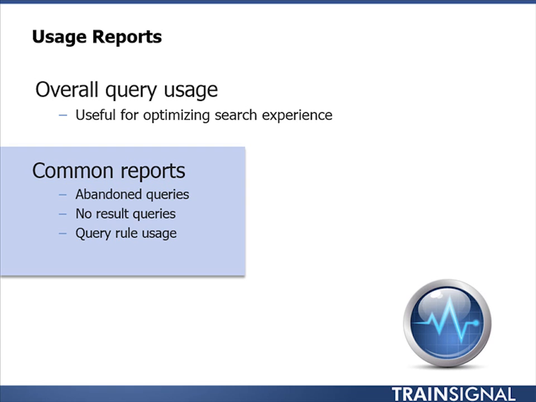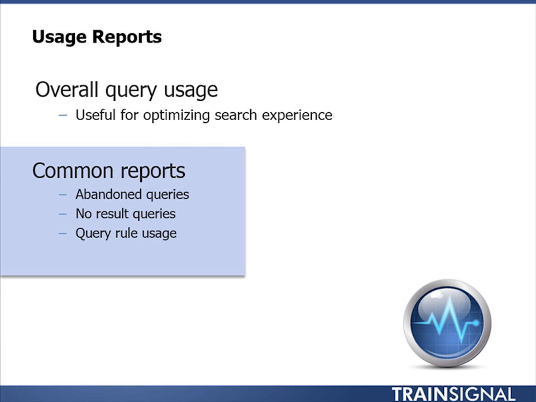And one of the things we're going to see is that we can go in and create different rules to help make sure that when a user does a search for a common term, maybe like vacation, the items they were probably looking for, the vacation request form, the vacation policy, pop up at or near the very top of the list.